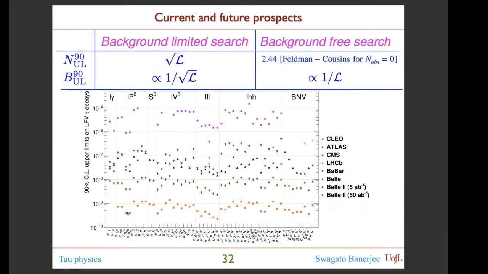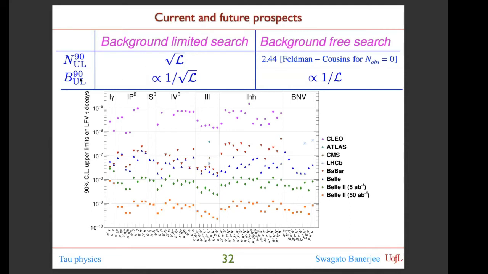For the future prospect, we can look at all the final states that are possible and divide the searches into two types. The tau to e gamma, tau to mu gamma are background limited searches. So in this case, the numerator of the formula, the number of 90% upper limit signal events, scales as the square root of the luminosity.